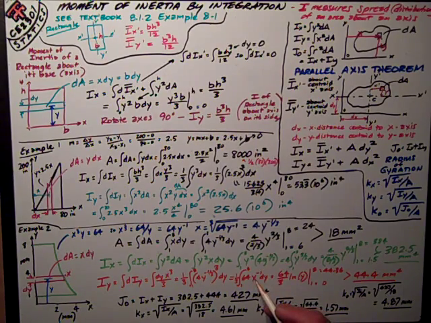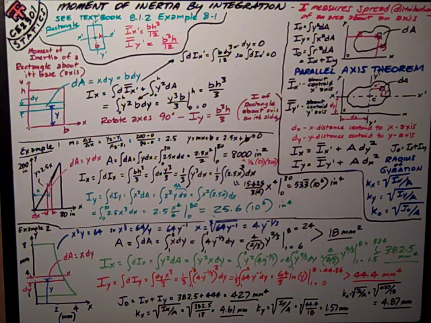So the integral of y to the negative 1 is ln, or natural logarithm, of y. And 64 over 3 is this constant term. Evaluated at 1, the natural logarithm of 1 is 0, and the natural logarithm of 8 times 64 over 3 is 44.36, so that's my answer, minus 0, 44.4 millimeters to the fourth.